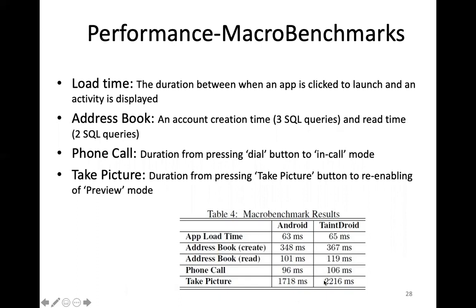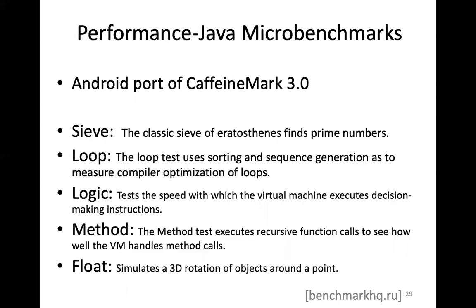And as you can see, there's a little bit of overhead that is added in these applications. These are macro benchmarks, high level benchmarks. They also had a micro benchmark where they look at specific features and then stress test them.